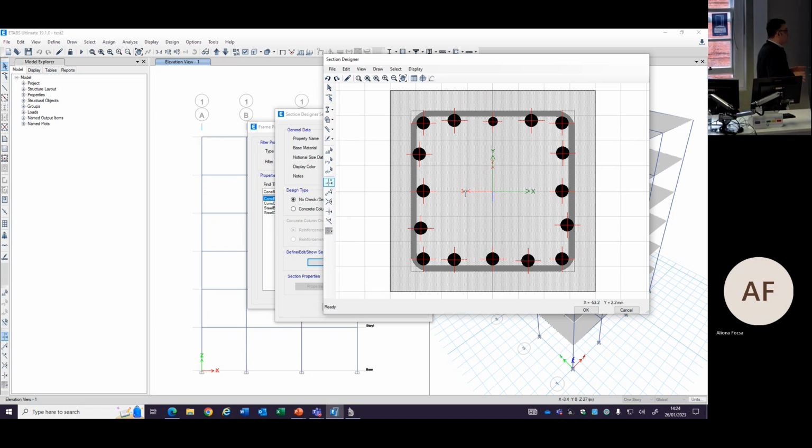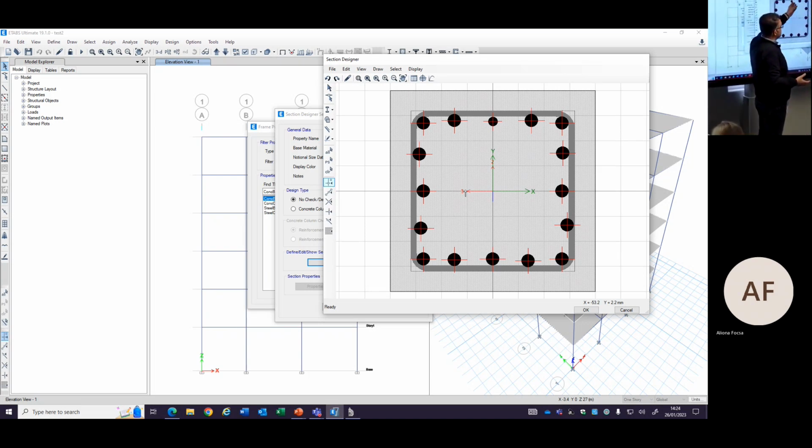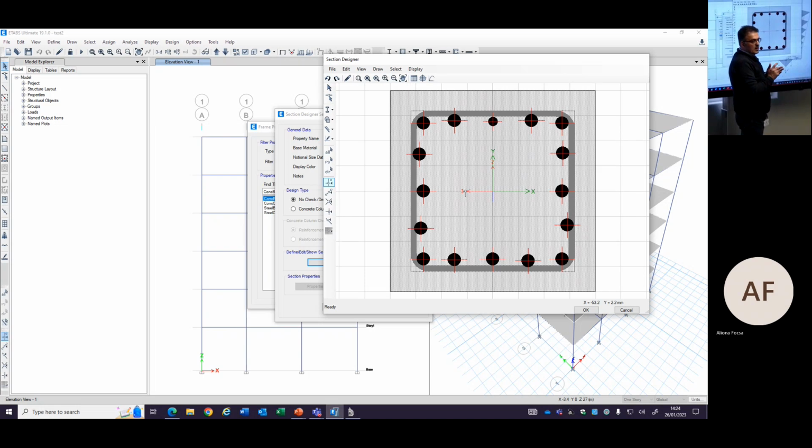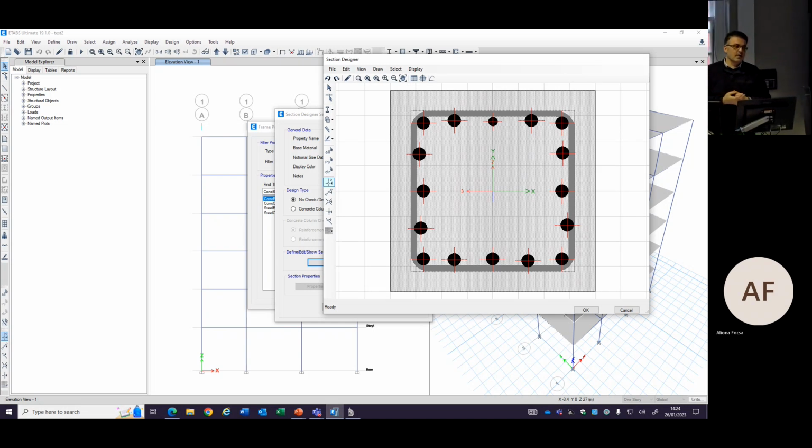But still, there are limitations on how much reinforcement you can really add, and how much space there should be between the bars. We'll talk about them probably today as well.